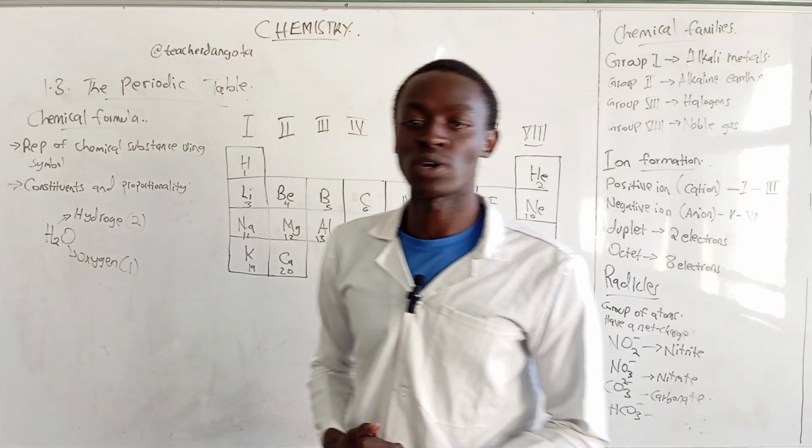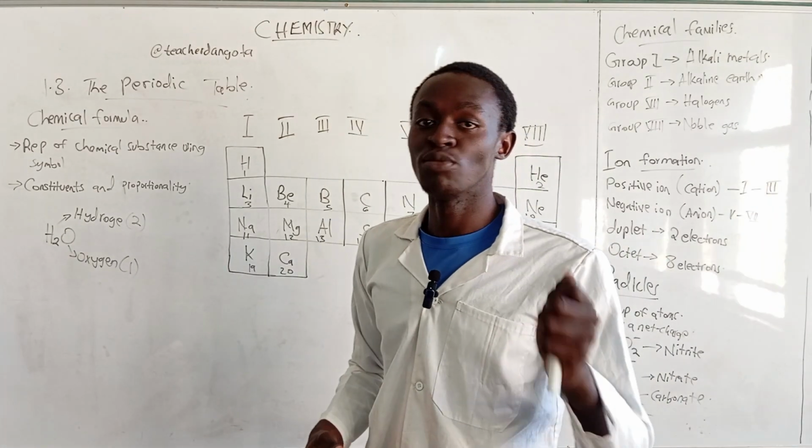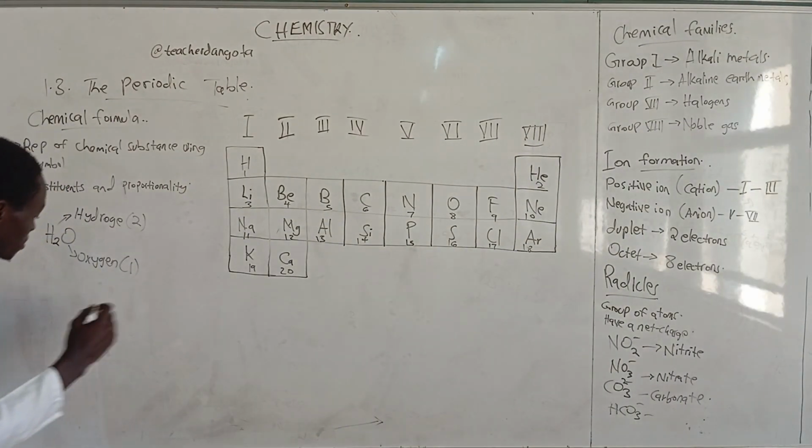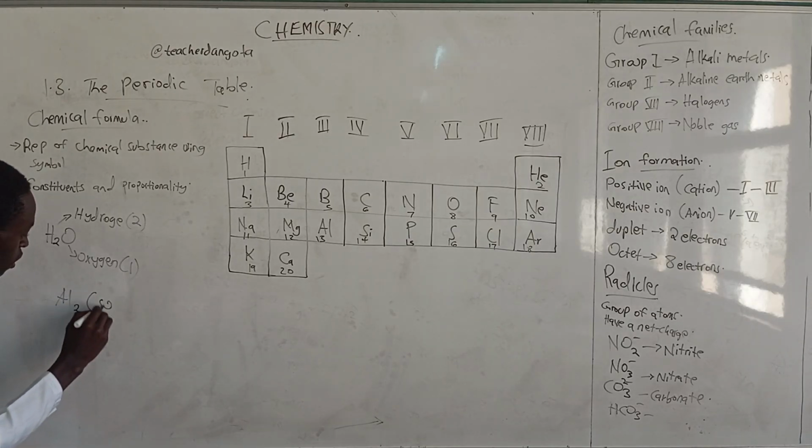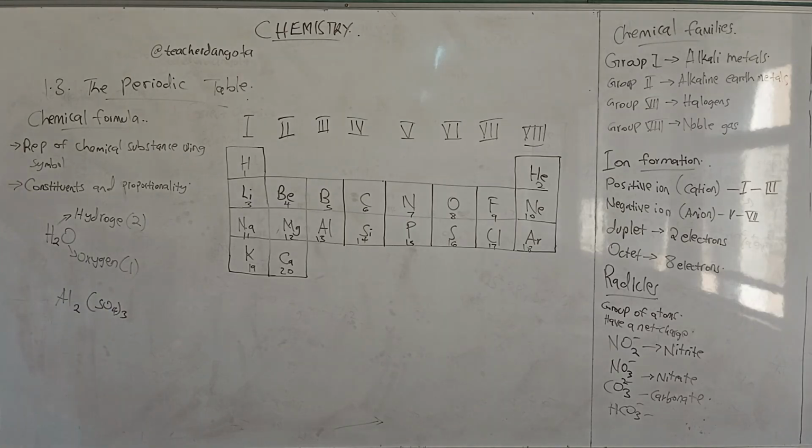Let me check another example: aluminum sulfate, Al2(SO4)3. From this, we have 2 aluminum, and the sulfate is in proportion of 3. The sulfate itself has sulfur and oxygen.